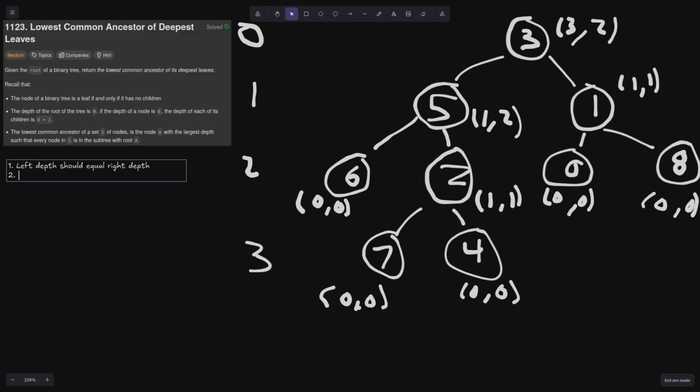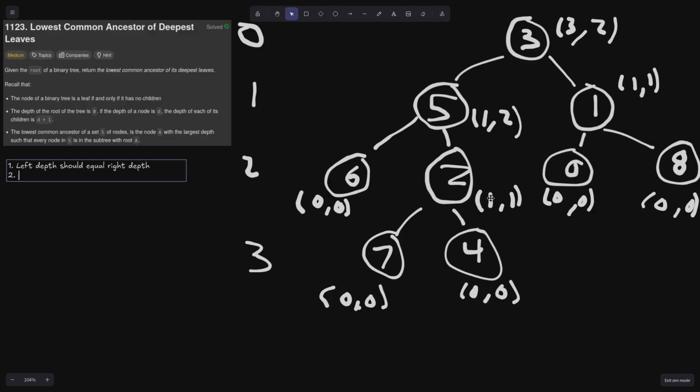Another thing that we notice is that, not only should left and right depth be equal in a subtree, we also notice, although it doesn't show in this example, that the second thing is about the subdepths, which we already assume are equal.